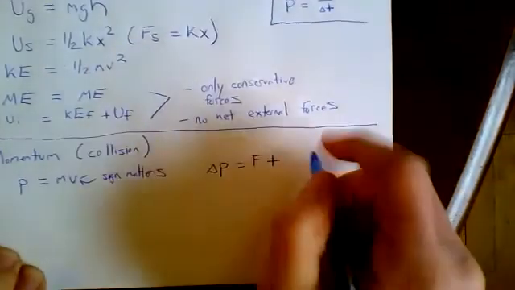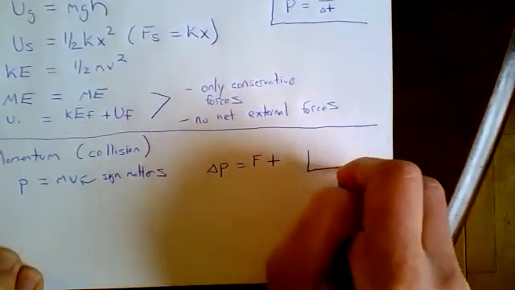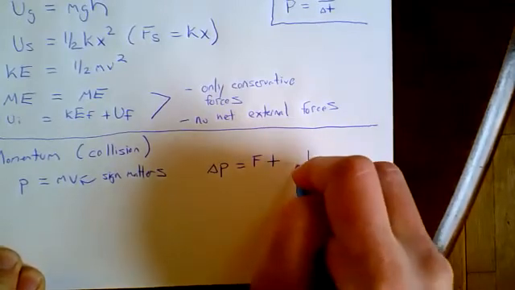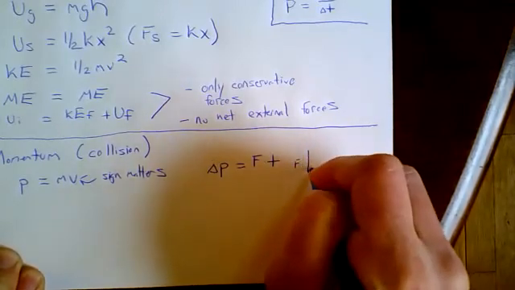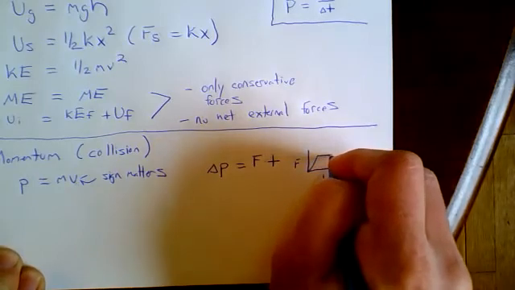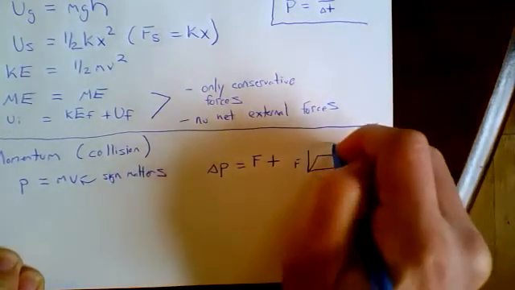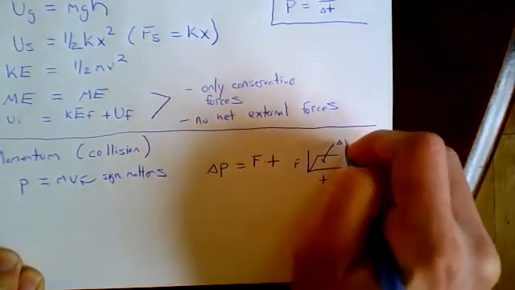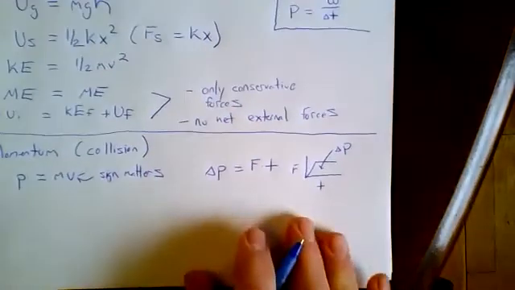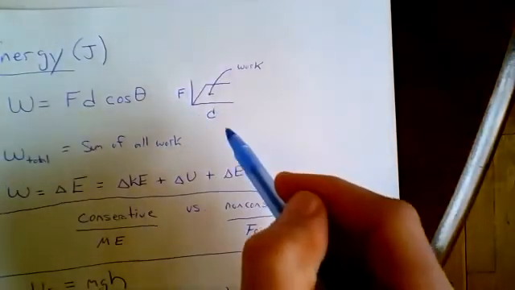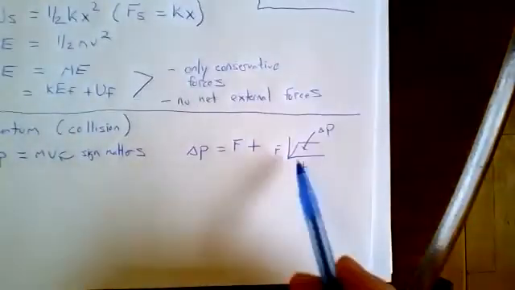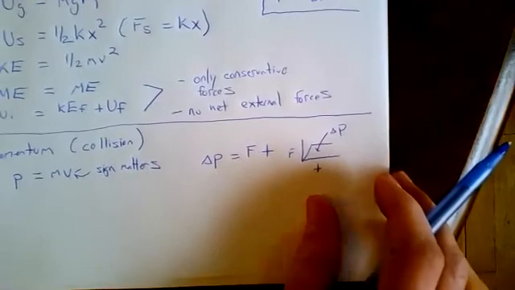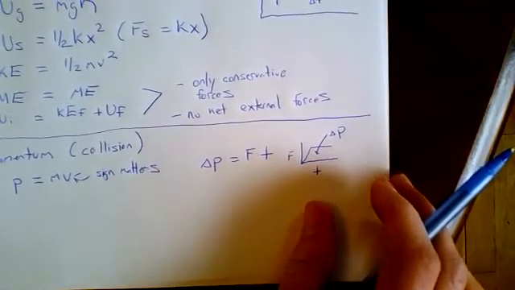And notice, just like above, they often like to play with this idea of change in momentum as a graph, where your force may be, again, variable, but the change in momentum is the area under the curve of your force-time graph. So notice: force-displacement graph, work; force-time graph, change in momentum.